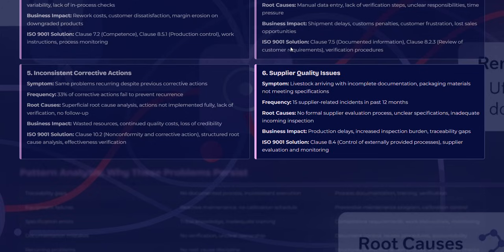No formal supplier evaluation process, unclear specifications, and inadequate incoming inspections. The business impact includes production delay, increased inspection burden, and traceability gaps. How is ISO 9001 going to solve this issue? Through clause 8.4, control of externally provided processes, and supplier evaluation and monitoring.